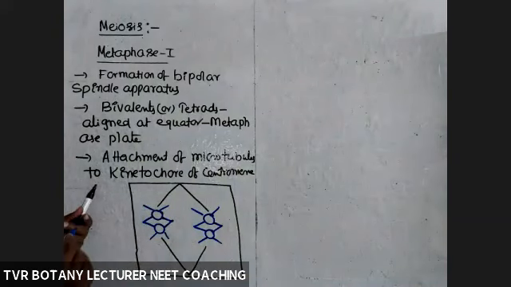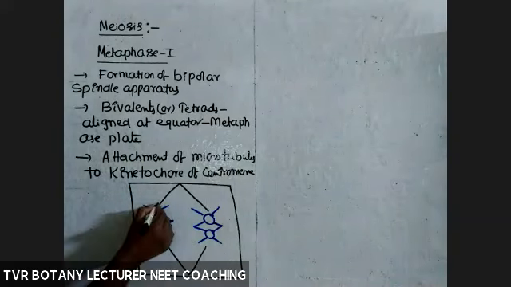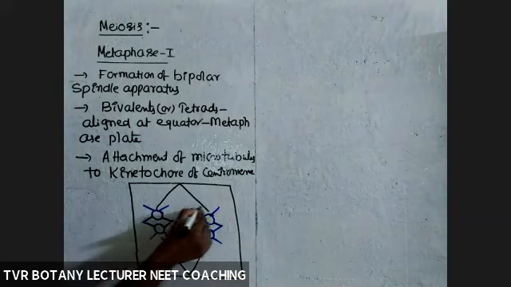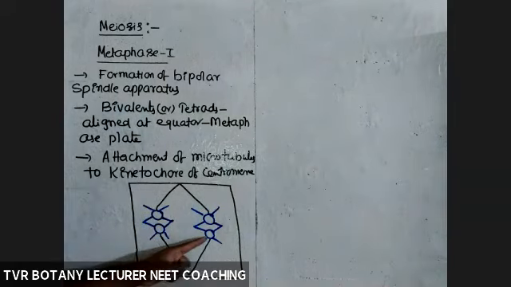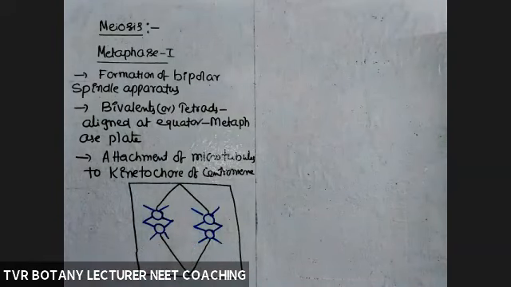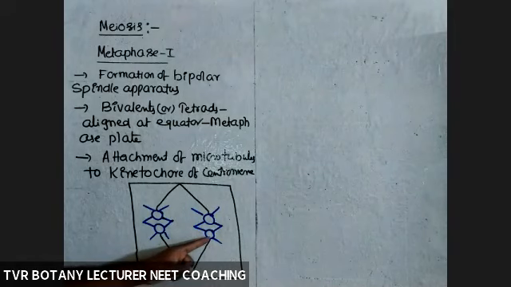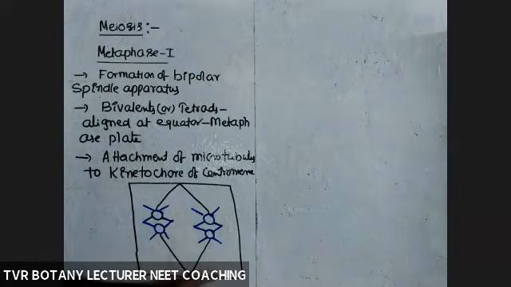Here, a very important thing is microtubules are connected towards one side of the centromere only, not both the sides. See, connected to one of the two kinetochores of each centromere. So here, the kinetochore part of the centromere towards the pole is connected to the microtubule.